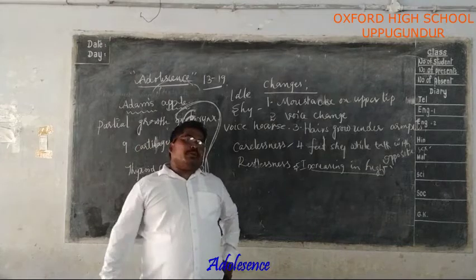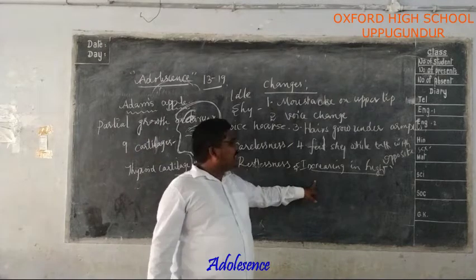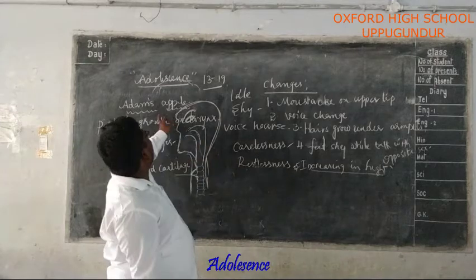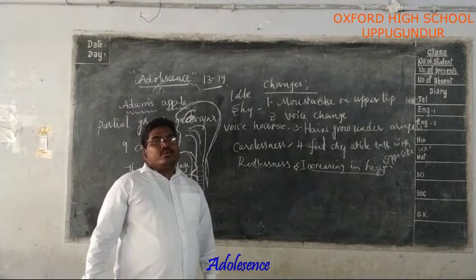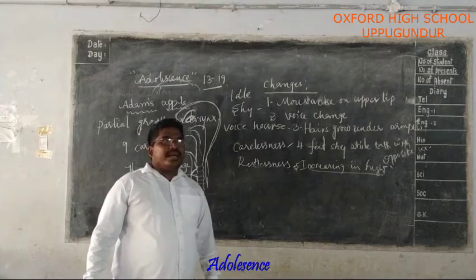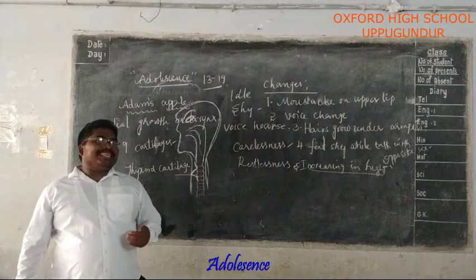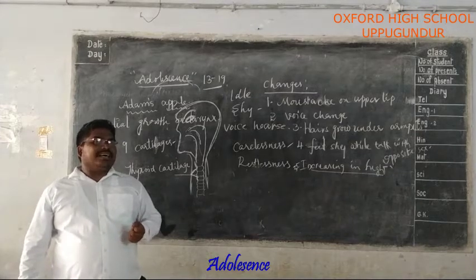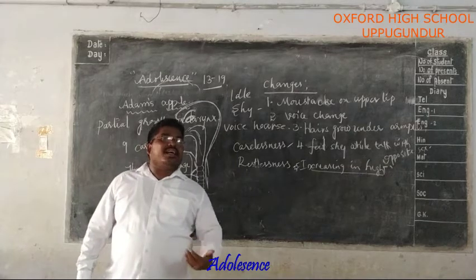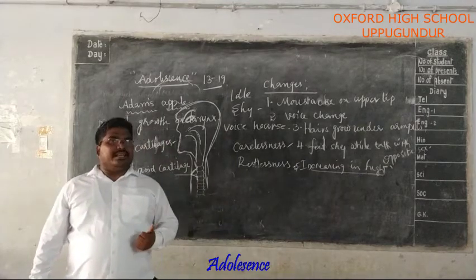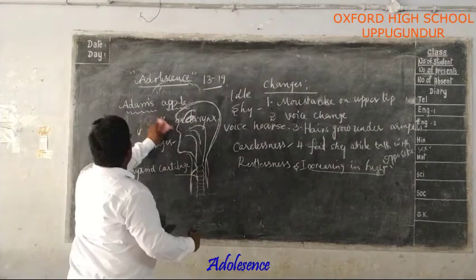Now I am going to explain another change. Up to now we discussed the increase in height, the Adam's apple, and the change of voice. Now we are going to observe another important change in the characters or behaviors that develop in boys and girls during adolescence.